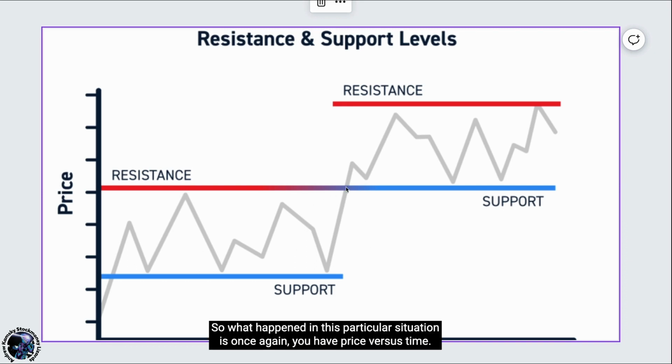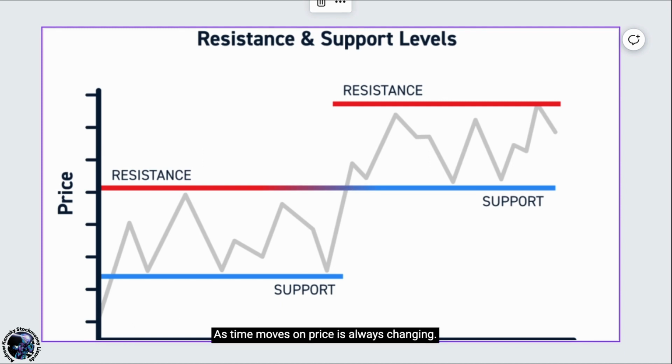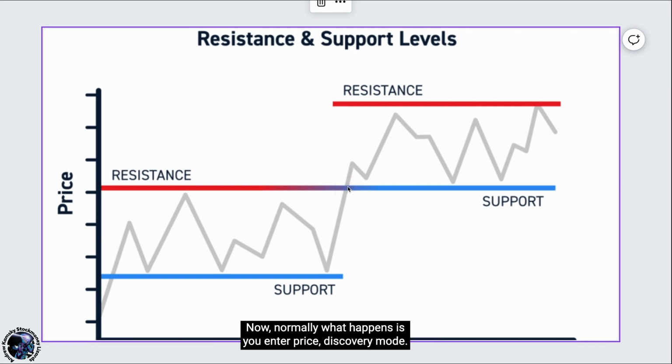So what happened in this particular situation is, once again, you have price versus time. As time moves on, price is always changing. It's never stagnant. So what happens is you get a breakout. Now, normally what happens is you enter price discovery mode.